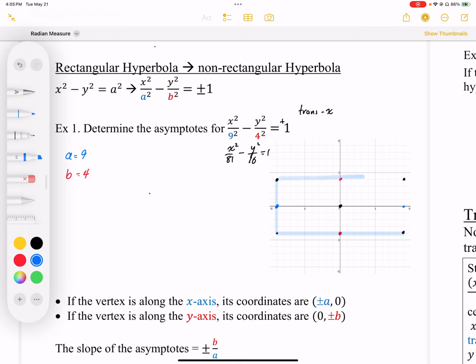And that box allows me to draw diagonal lines through the vertices, and those diagonal lines represent the slopes of the asymptotes, or the equations of the asymptotes. And that ratio of b is 4, a is 9 gives us a slope. Okay, so I'm going to draw it in along this way.